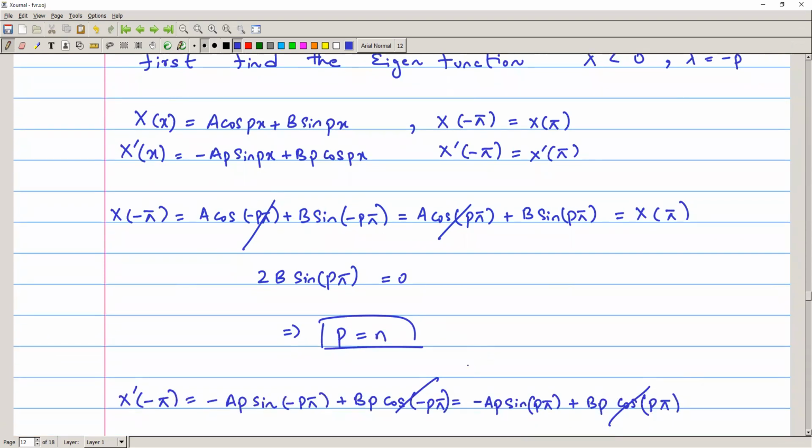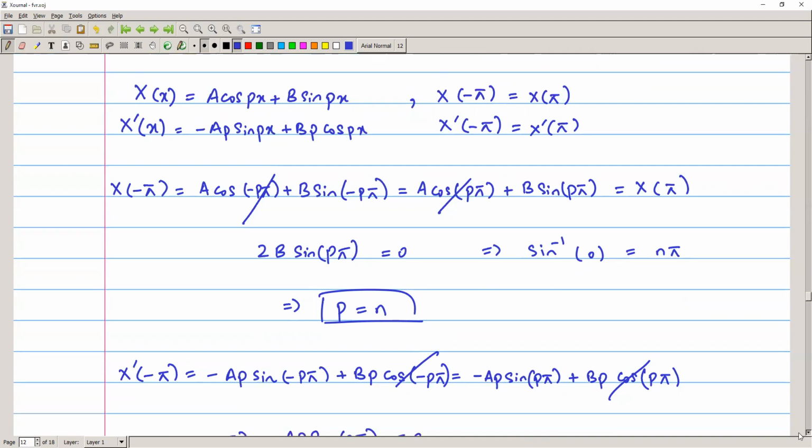So p will be equal to n from here, because the inverse sine of 0 is nπ. So pπ will be equal to nπ, and π will cancel out. Therefore, we are left with p equal to n.